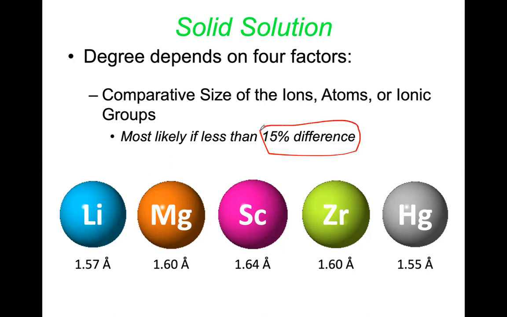Naturally within 15% of difference might be okay to say that they are in equal size. Like for example, these ionic radius, in angstrom, it's given here. You can see they are closely related. They are closely similar, so that they can easily replace each other.